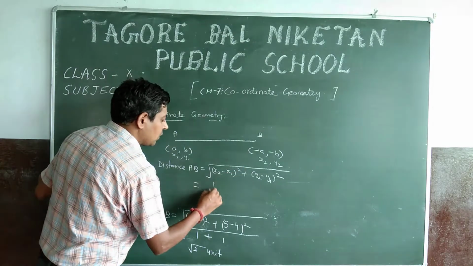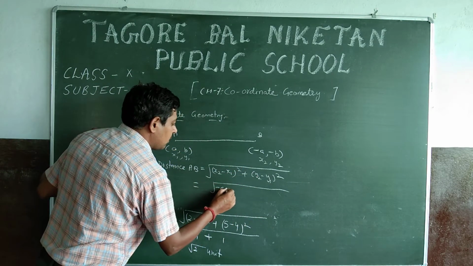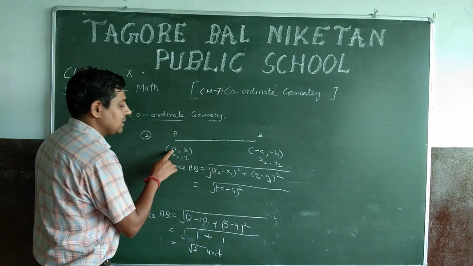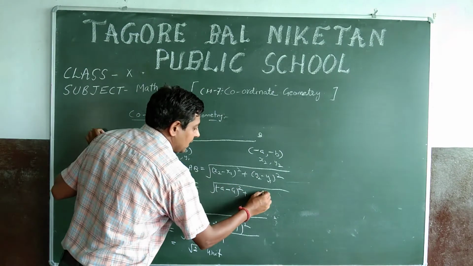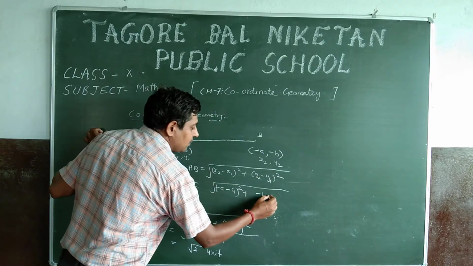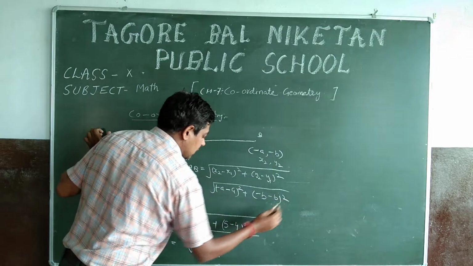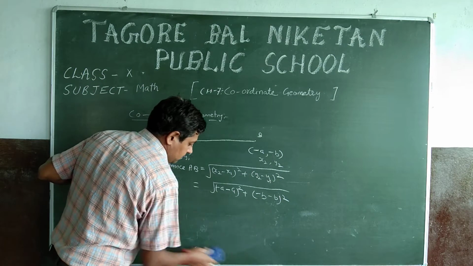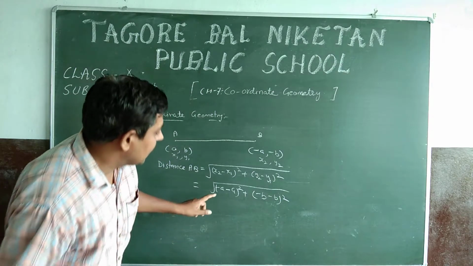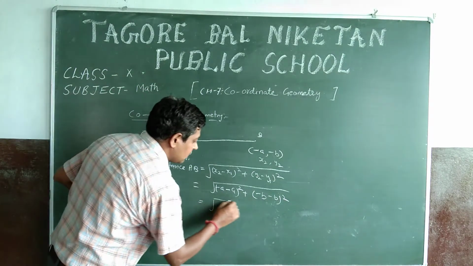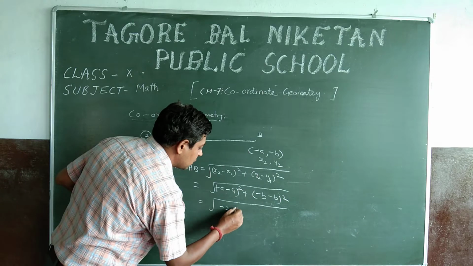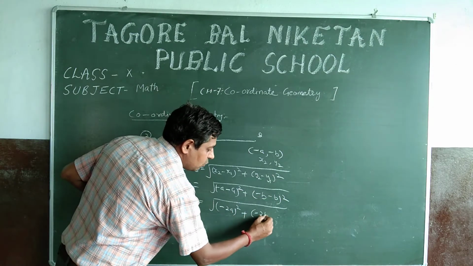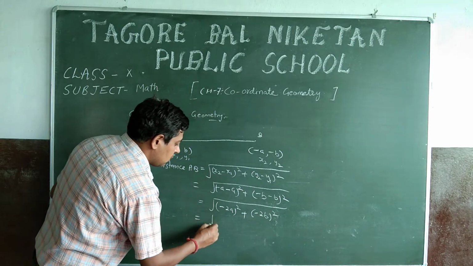So x2 is equal to minus a, x1 is a, y2 is minus b and y1 is b. Minus a minus a we get minus 2a whole square plus minus b minus b we get minus 2b whole square.